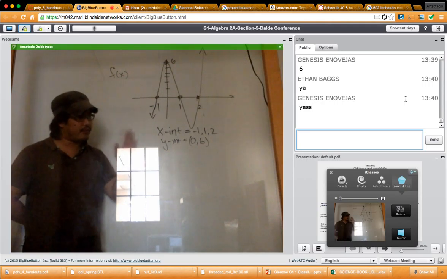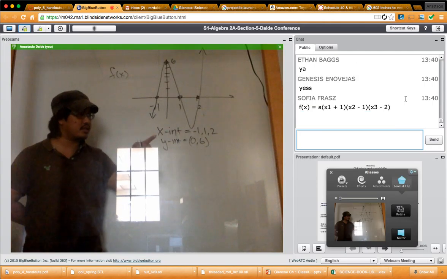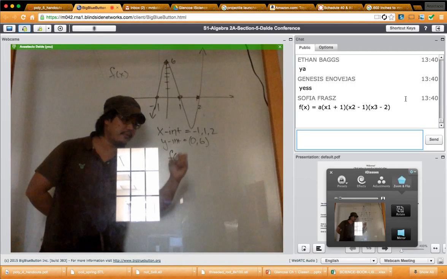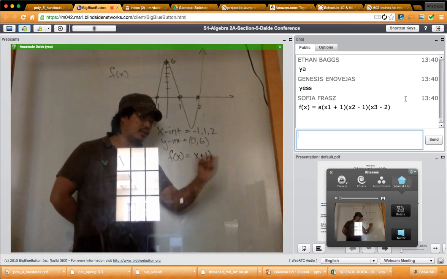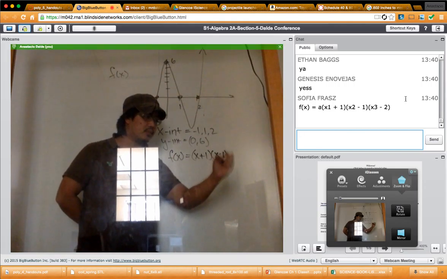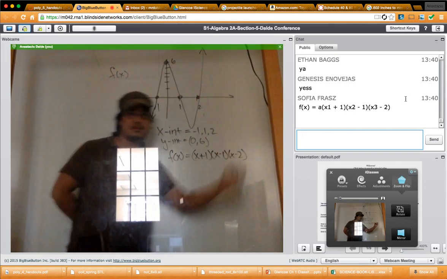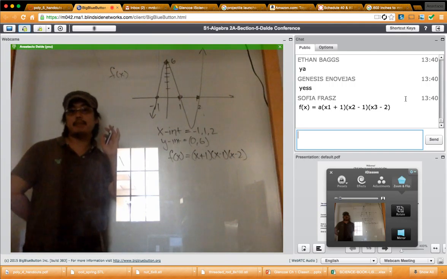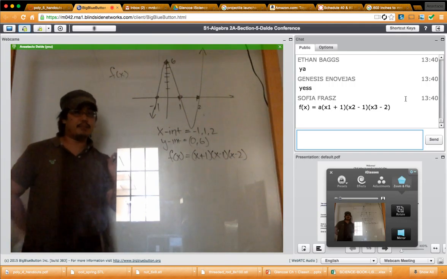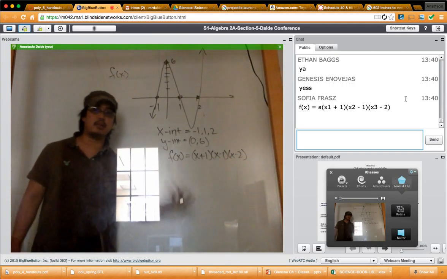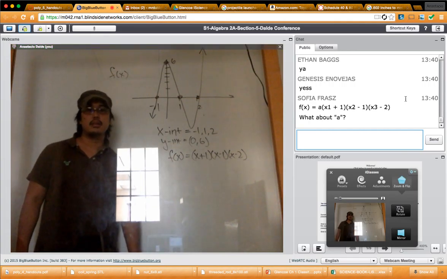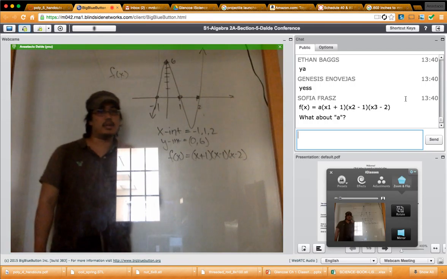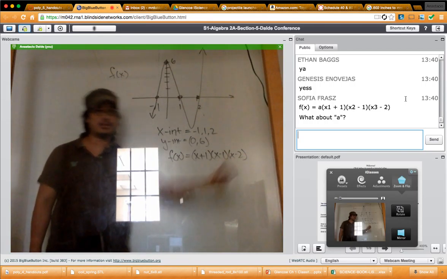Would it be freaky to you if I just took this information right here and straight up wrote down that f of x is equal to (x + 1)(x - 1)(x - 2)? That might not be the right answer, but would it be all right if I said that it looks something like what Sophia's suggesting? And I wouldn't have to say x1, x2, x3, because these are variables.